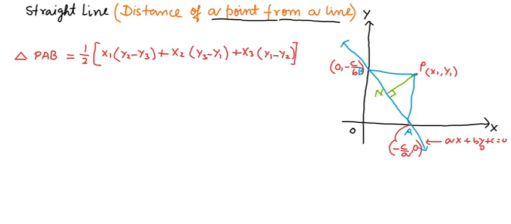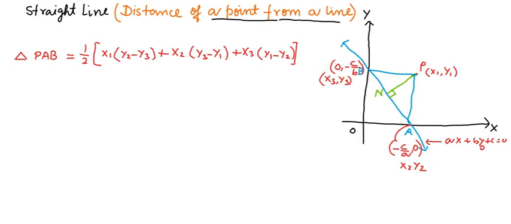The coordinate of the point P is (x1, y1), the coordinate of the point A is (x2, y2), and the coordinate of point B is considered as (x3, y3).